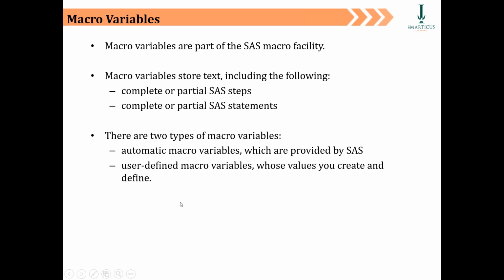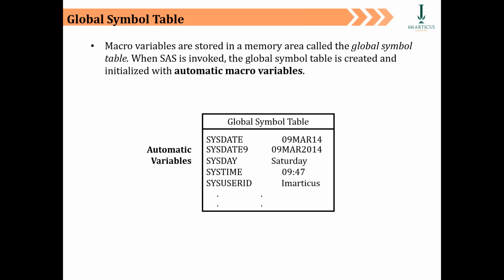Global. Absolutely. And user defined macro variables, whose value you can create and define. That would be local. Now you also understand why it is called user defined and automatic: automatic is always available wherever there is a SAS system, so it is a global or automatic macro variable. Let's proceed further.